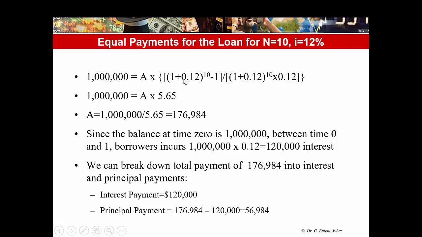And this factor, which we call the present value of an annuity interest factor, is equal to 5.65.